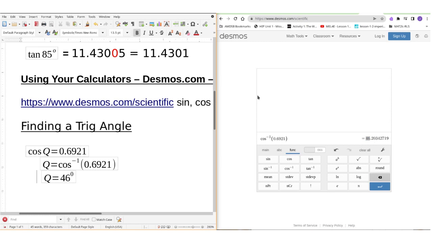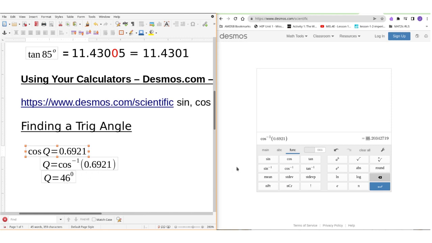So anytime you see these kinds of problems, that's what you're doing. Okay? So just a quick recap. When we start off with cosine Q is equal to 0.6921, we're going to write Q is equal to cosine inverse of this. So that's telling me you're going to say, hey, cosine, give me the angle that gives me that decimal.